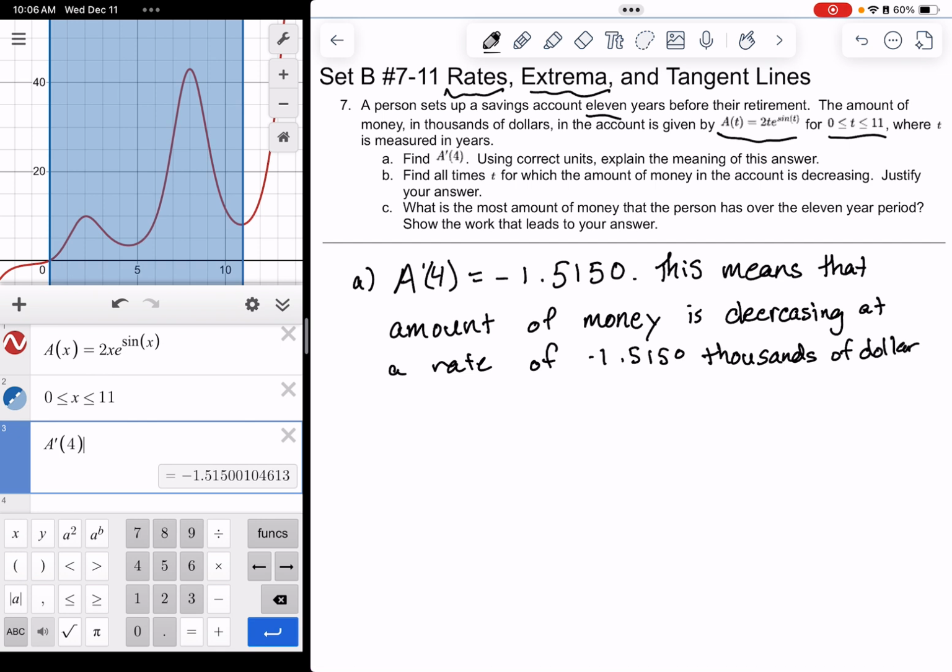I don't have to try to convert it into a dollar symbol or anything else. I could just use the units like that. And it's per year. Okay. That's it for part A.